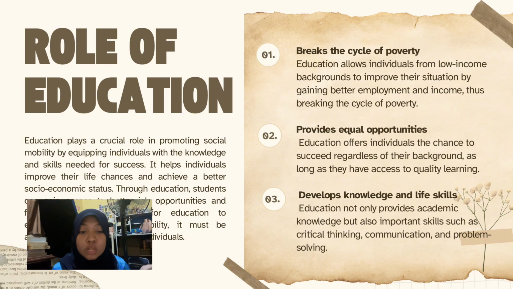Education offers individuals the chance to succeed regardless of their background, as long as they have access to quality learning. And lastly, we have to develop knowledge and life skills, which education not only provides academic knowledge but also improves skills such as critical thinking, communication, and also problem solving.